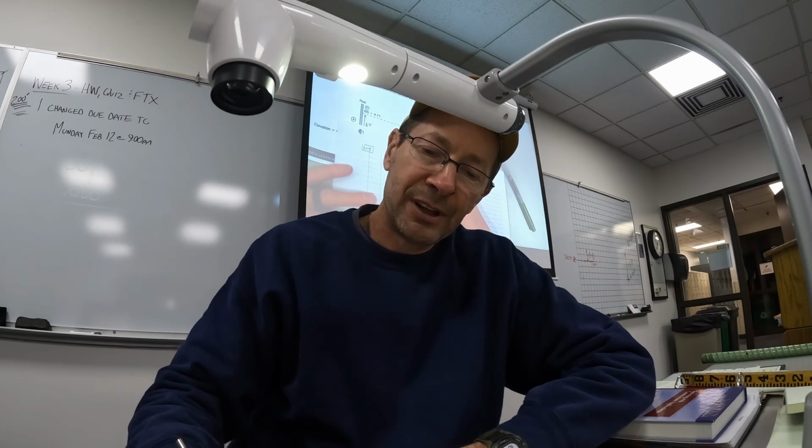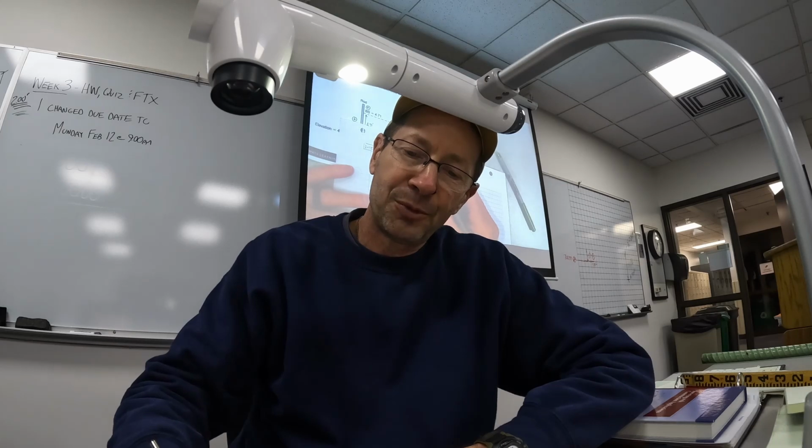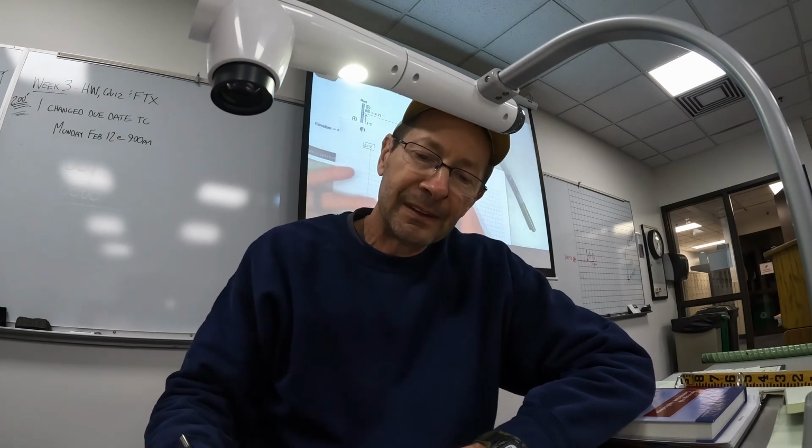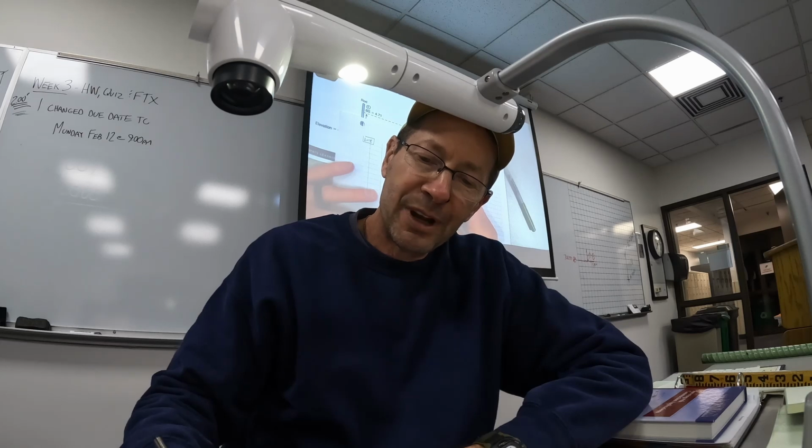Usually you would put that little symbol, looks like a tripod. This would be whoever ran the instrument. This symbol is who was running the rod. And this symbol would be who had the book or the notes.